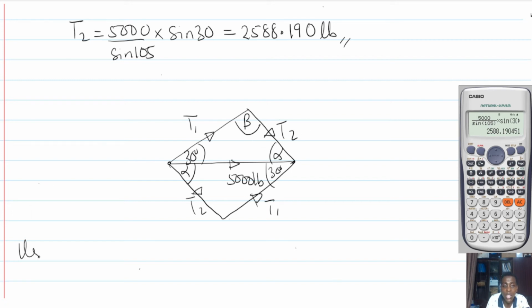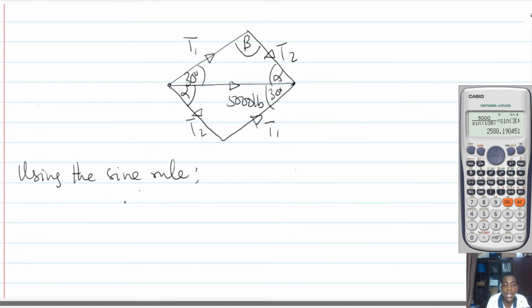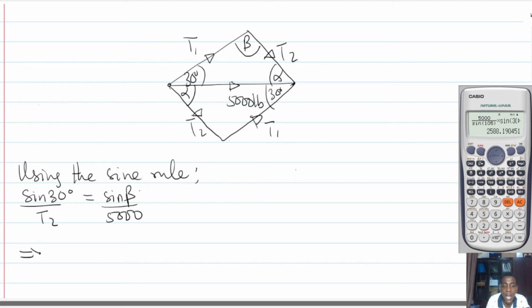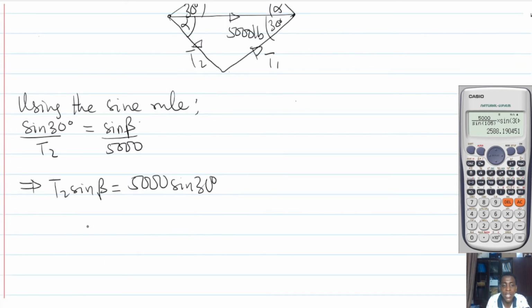So I know 30, I have T2 here, I have 5,000, I have beta here. So if I want to use the sine rule, I have two sides, so I can use those two sides, and I can say that sine 30 divided by T2 should be equal to sine beta divided by 5,000. After this part, I can say that T2 sine beta is equal to 5,000 sine 30. Now at this point, the question is, what is T2?